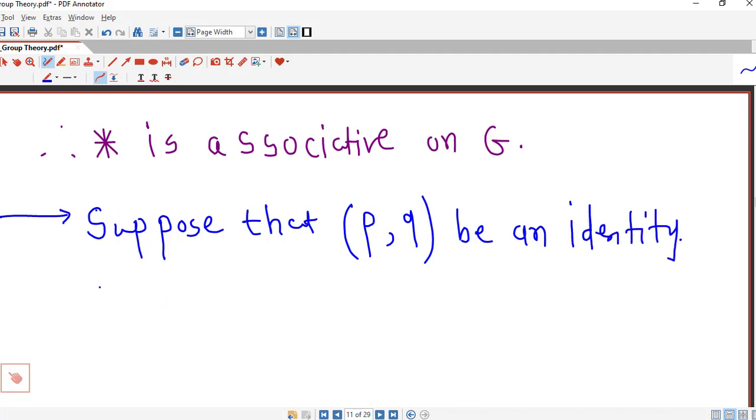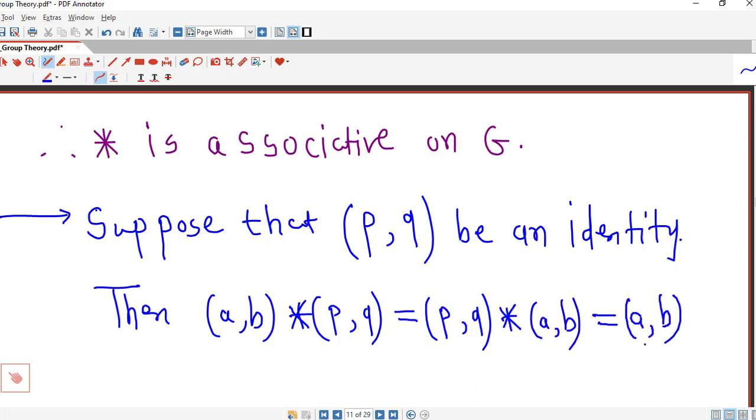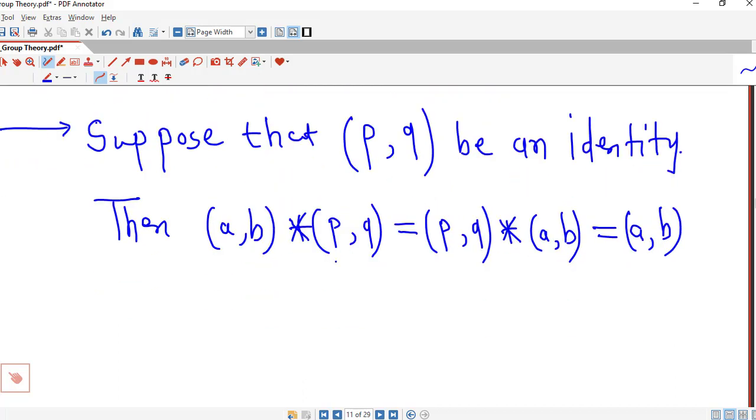So if (P,Q) is the identity, then by the definition of identity, if we consider (A,B) star (P,Q) or (P,Q) star (A,B), then we must have the ordered pair (A,B), and this must be true for any (A,B) in G.